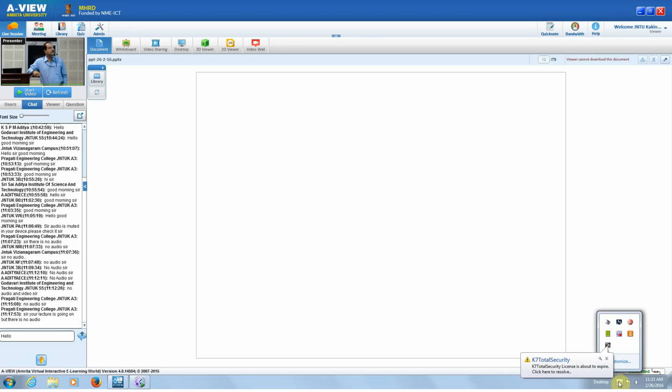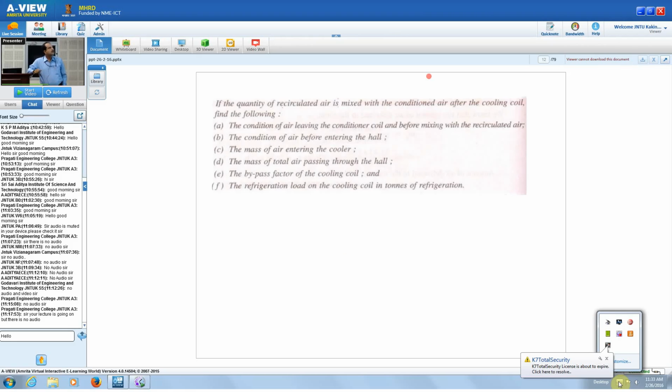Now you draw your own psychrometric chart. The fresh air is mixed with the conditioned air after the cooling load.